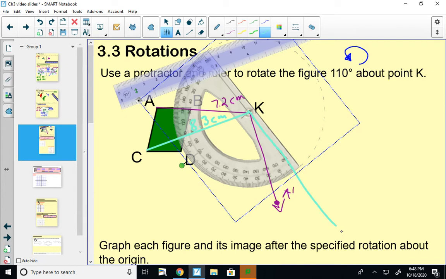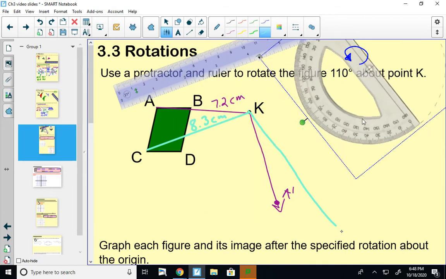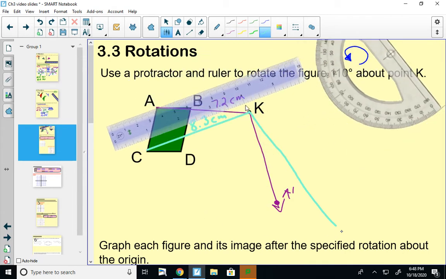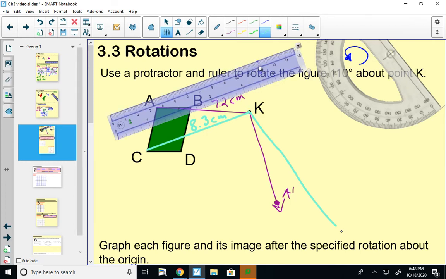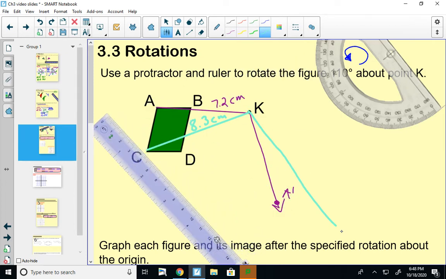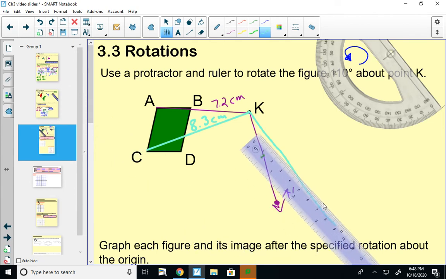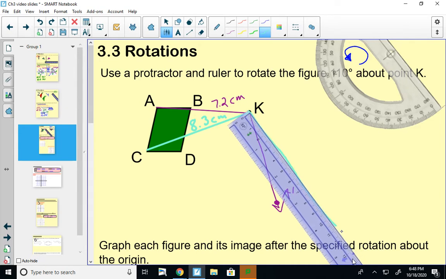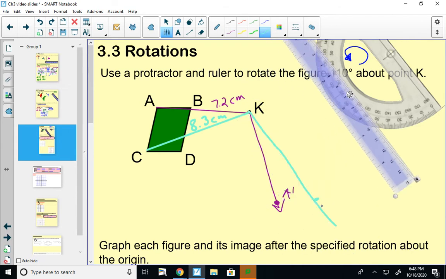All right, then on that line, I'm going to use my ruler to measure out 8.3 centimeters. So 8.3 would be about here. So this point is going to be C prime.